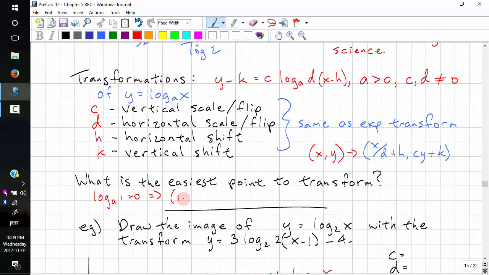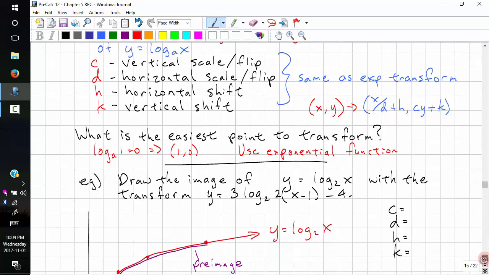So that point is (1, 0). And to get easy points, you can use the exponential function rather than the log function. It's just easier to generate points.